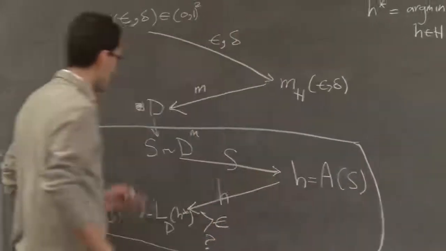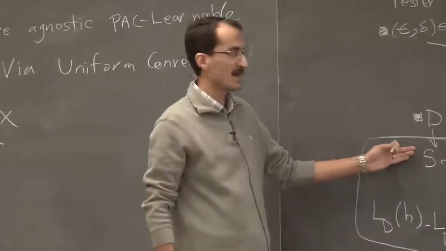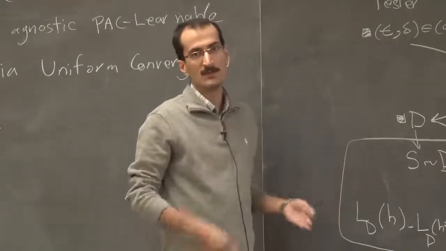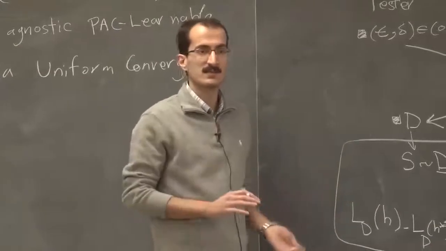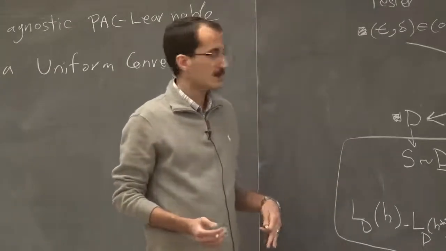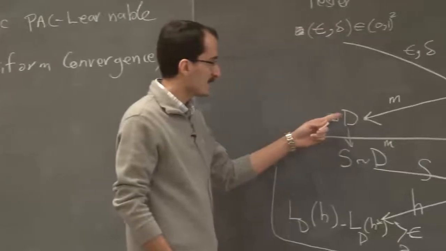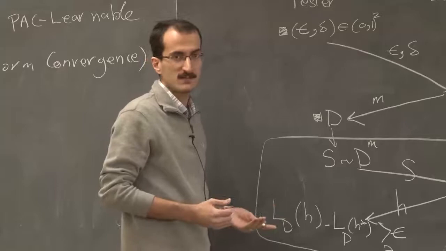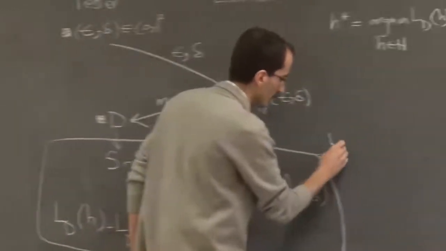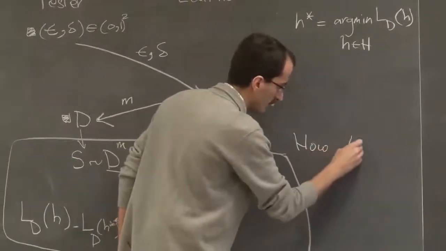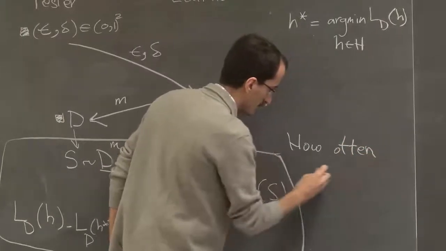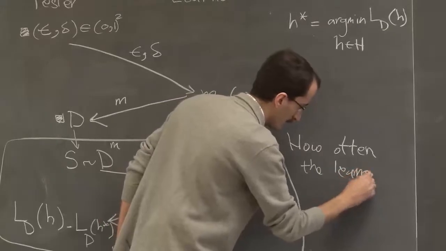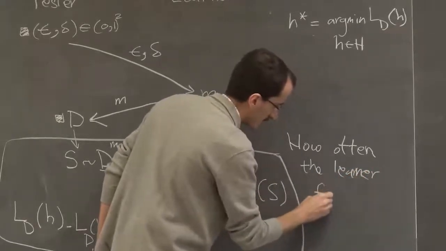This is a probabilistic procedure because the sample is drawn randomly. If we do it multiple times, sometimes it's successful, sometimes it's not. So with respect to this distribution, the question is how often the learner fails.